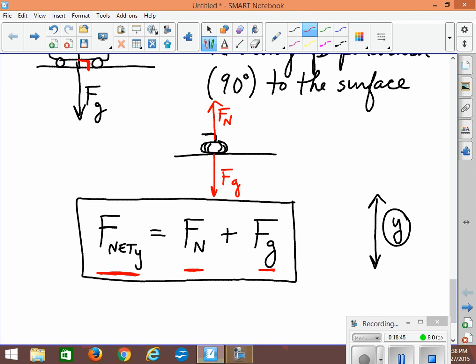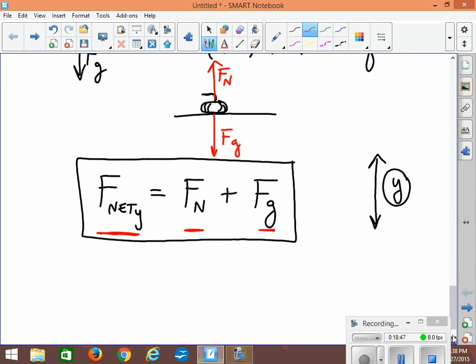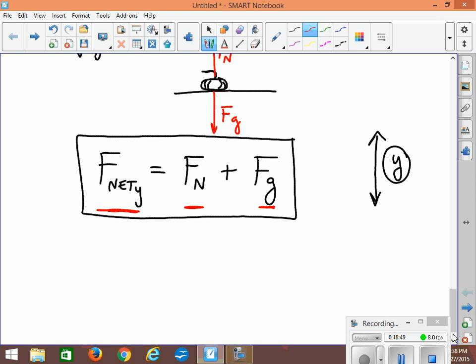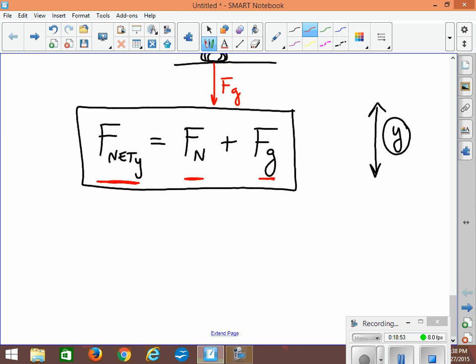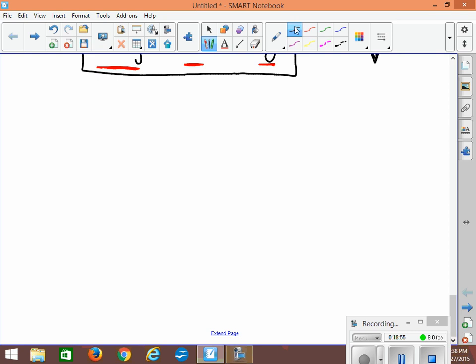Now, we can actually put numbers into this and find out some valuable information. Let's look at that again. Once again, I will draw the picture. Now, when you're doing this, you can draw one picture because you can see it. But because we have to move our board, our picture keeps disappearing. So let me just draw the picture again so you can see it. Here is the 10 kilogram box on the table.